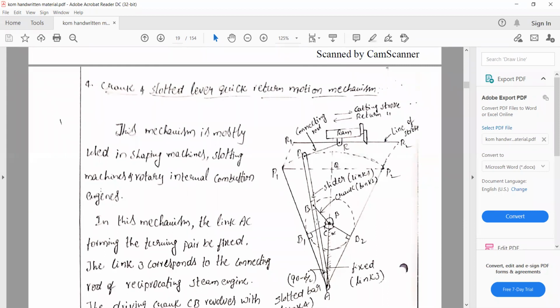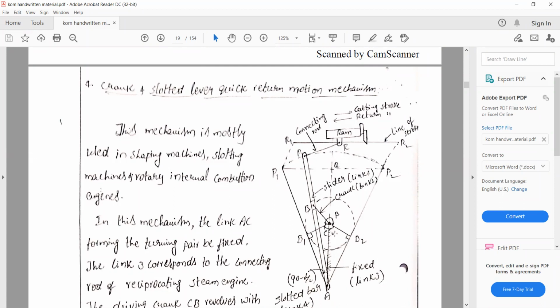This AP lever is in the lowest position, and this is the extreme position. So AP1 is 450, AC is 240 and BC is 120. Those are the given values.